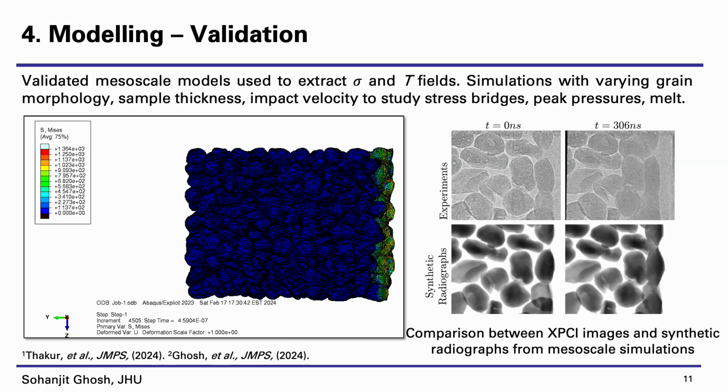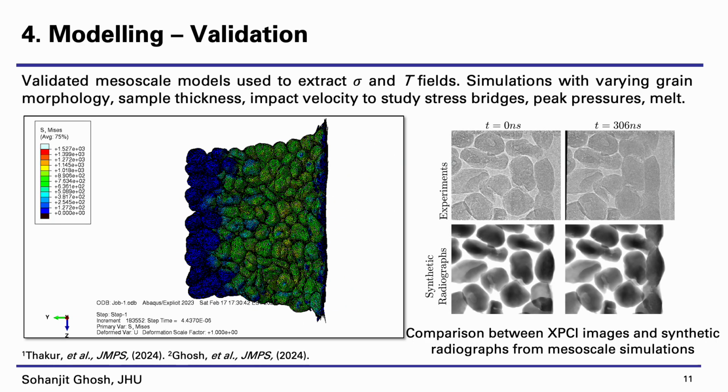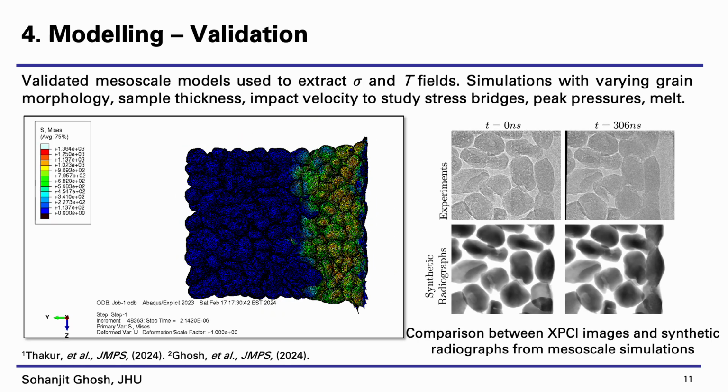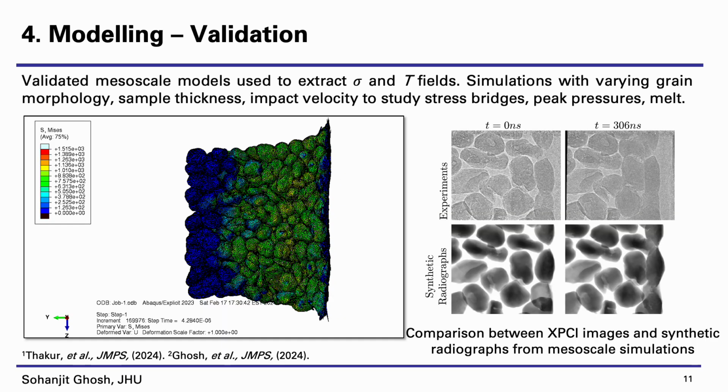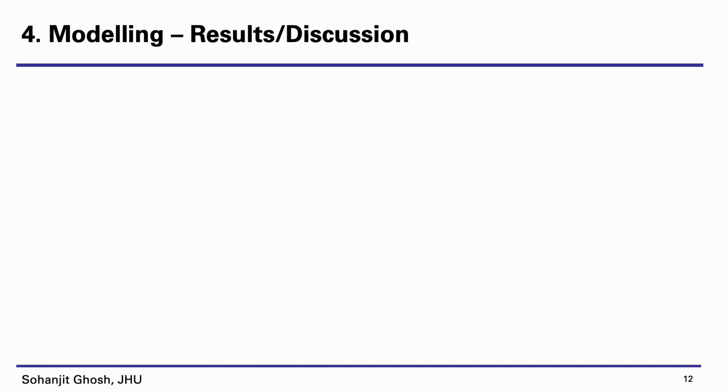But the simulations don't mean anything unless they are validated. That's where again the experiments come in. So we perform a strict validation process to make sure our experiments and simulations are an apples to apples comparison.